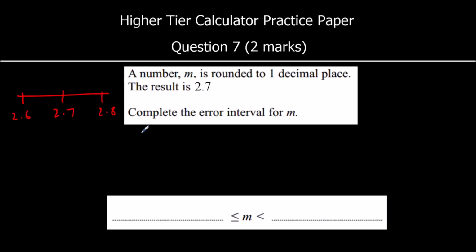So to be rounded to 2.7, it must be between these two midpoints. So between 2.65 and 2.75. It can equal 2.65, but it has to be less than 2.75.